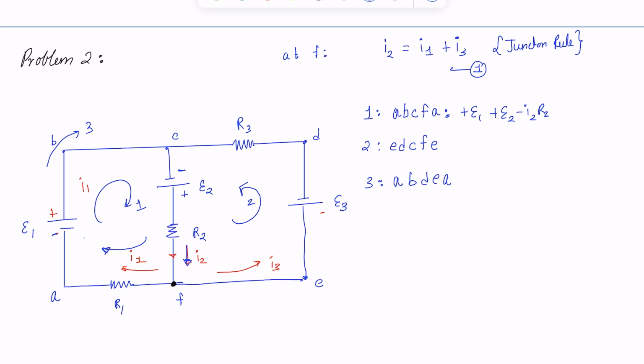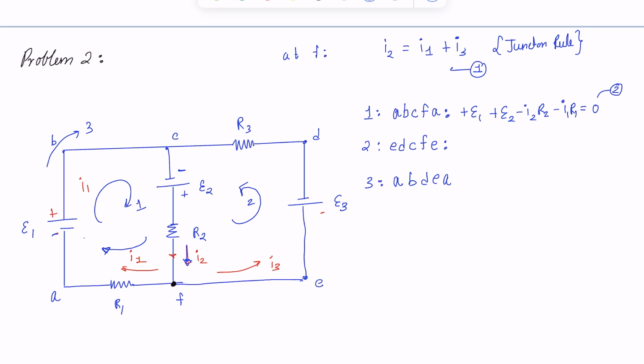That means the direction of the current is the same as the direction of travel, so again we will have minus I1 R1 equals 0. That is the equation you get from loop 1. I'm going to name that equation 2.